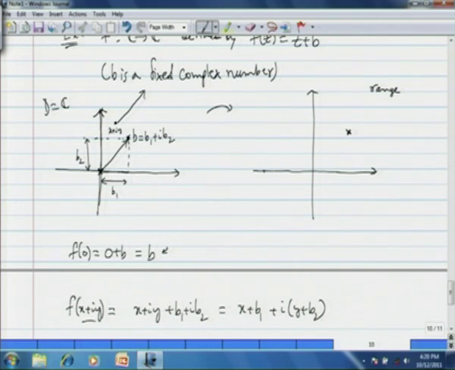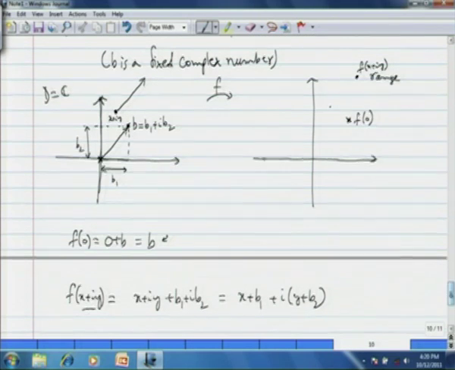The image of the point x plus i y is going to be exactly the end point of that vector which originated at x plus i y. So, here is your image f of x plus i y, just as the image of 0 is b.